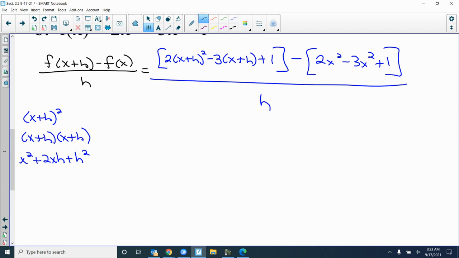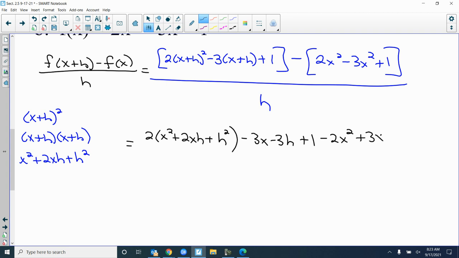So now I got equals, and I'm going to take this step. 2 times x squared plus 2xh plus h squared, put that all in parentheses, minus 3x minus 3h plus 1, and then distribute the negative: minus 2x squared plus 3x minus 1, all over h.